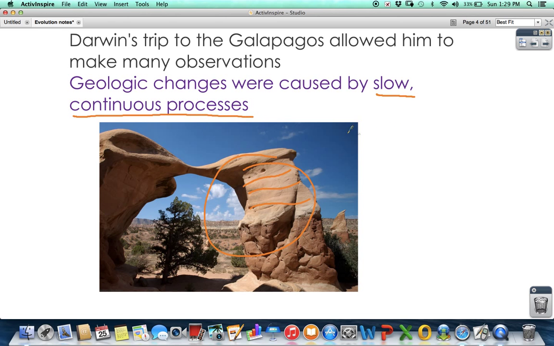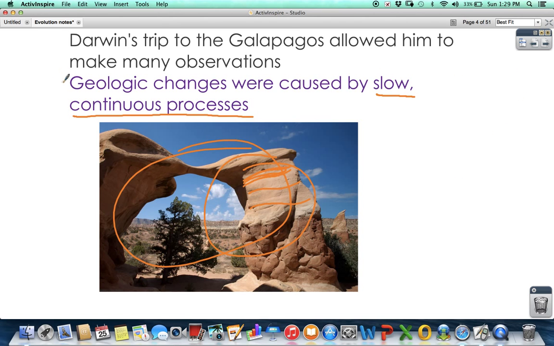He said, okay, if it takes 500 years just to erode this much, you can't do this much in just 6,000 years. The Earth has to be older than that, because there's no way the Grand Canyon could be made in 6,000 years. It's going to need way more than that.